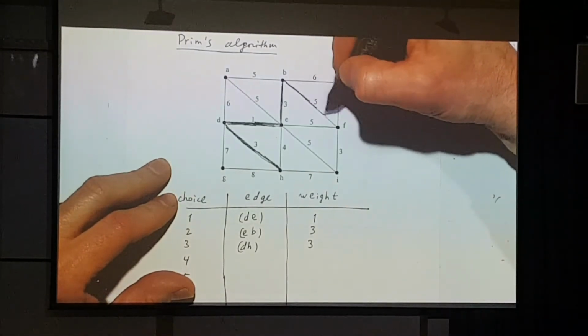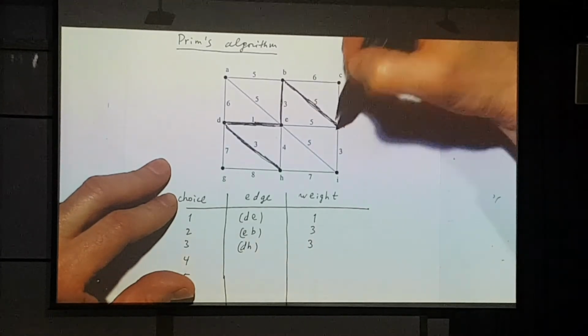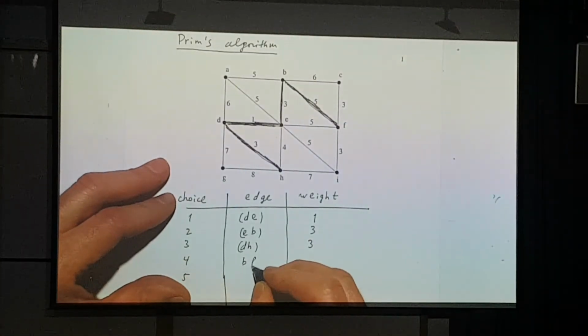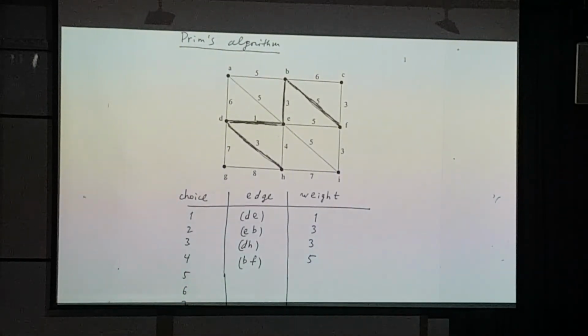So let me choose BF. So BF, weight 5. And now, I didn't think of it in advance, but that made the weight 3 available. So the algorithm doesn't tell you that you should look at expanding your options. No, all the instructions are there.